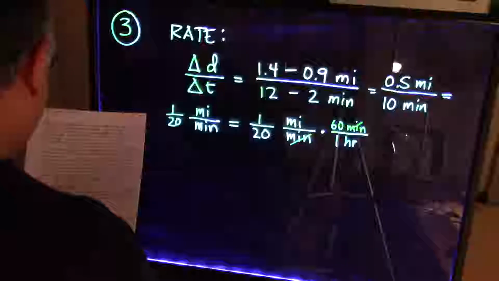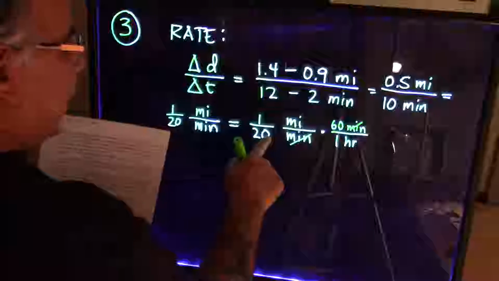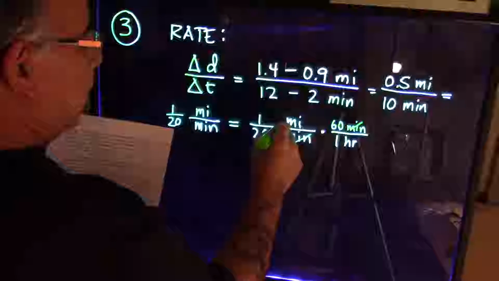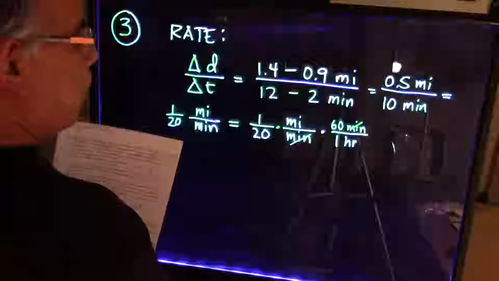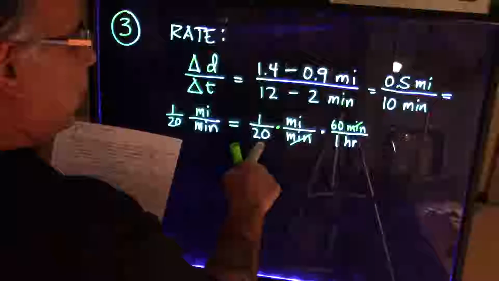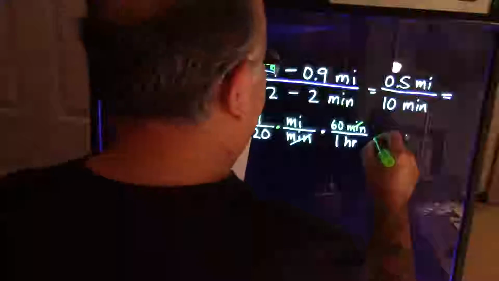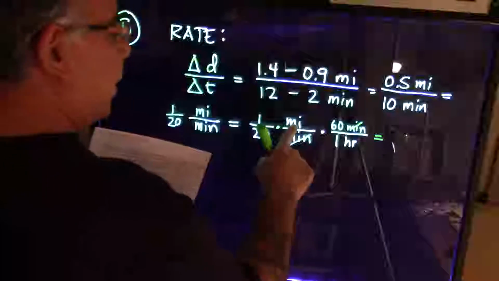Now, this is all being multiplied together. So 60 over 20, that would be 3. So we've got 3 miles per hour.